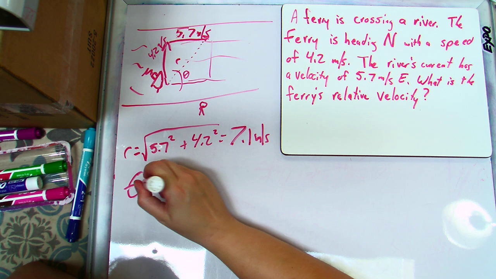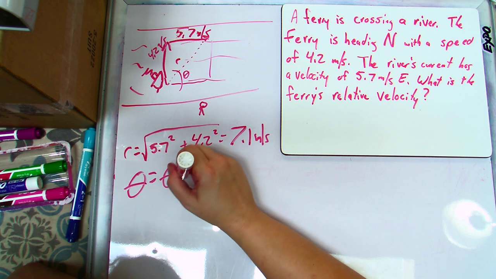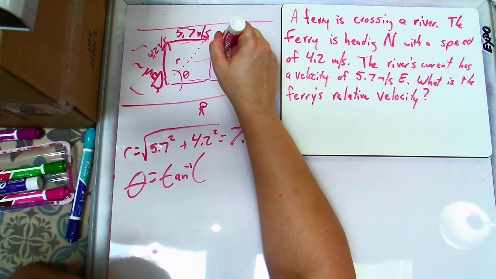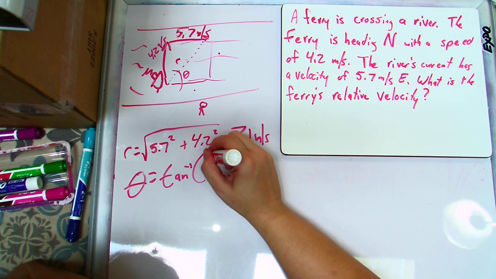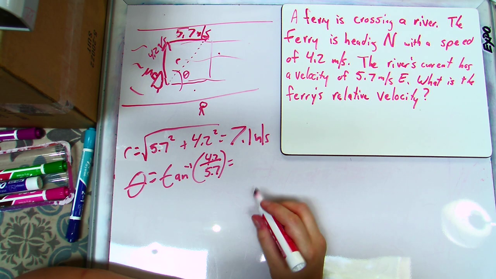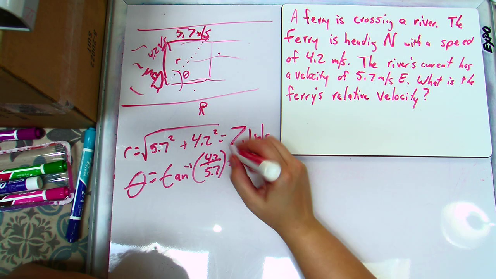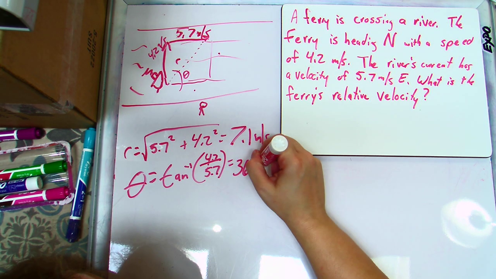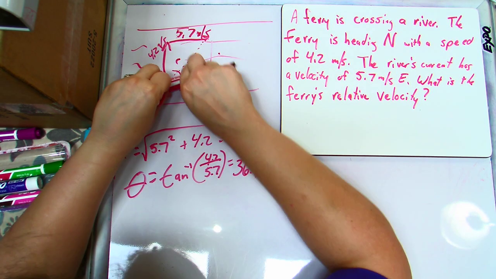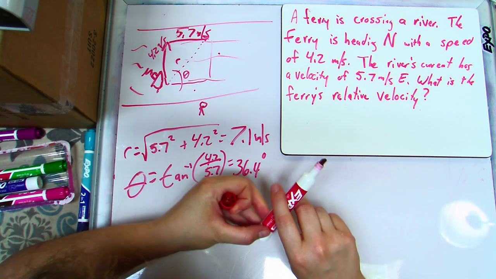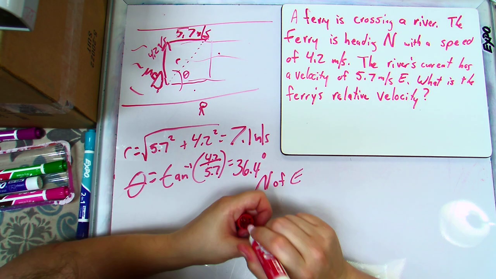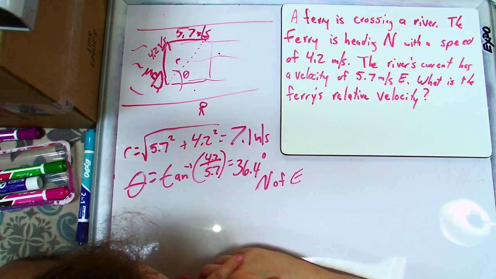Theta equals inverse tangent of opposite over adjacent, so the y value over the x, 4.2 over 5.7, and that will give us 36.4 degrees, north of east. See, not too bad, right?